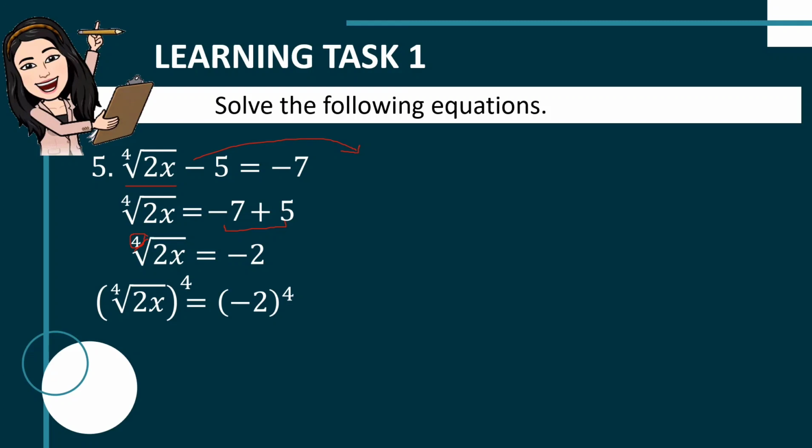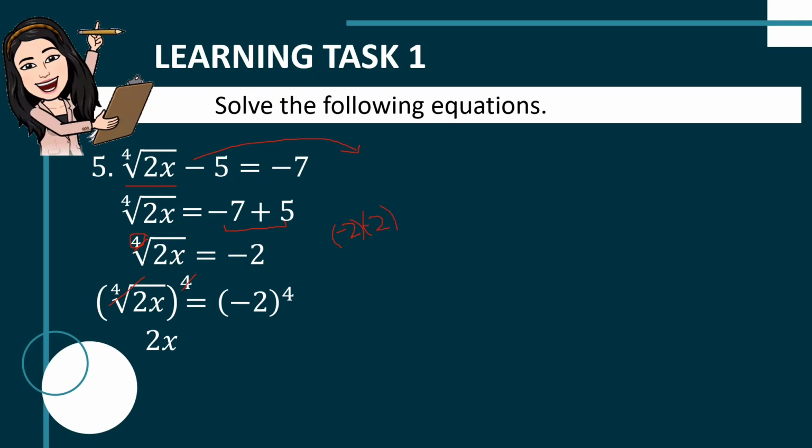Okay? Now, what is the fourth power of the fourth root of 2x? So, that would become 2x. Okay? How about negative 2 raised to the power of 4? So, ibig sabihin dyan, that is equal to negative 2 multiplied by negative 2. How many times? Okay, good.